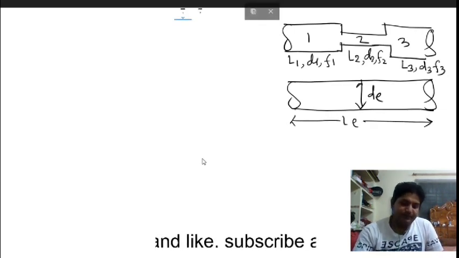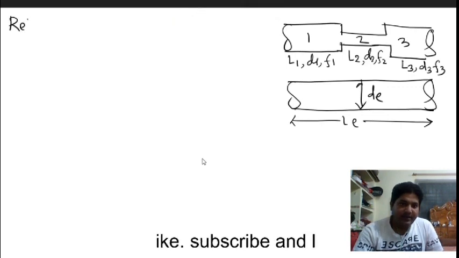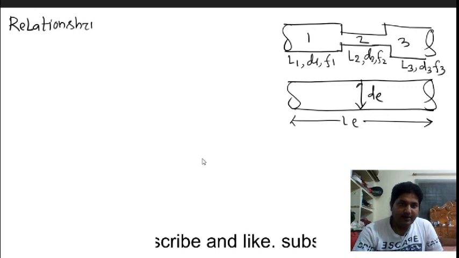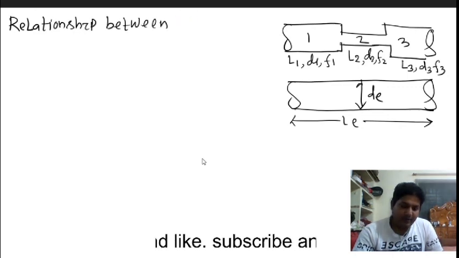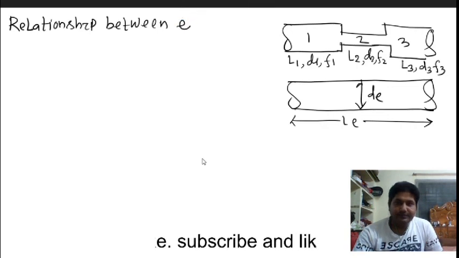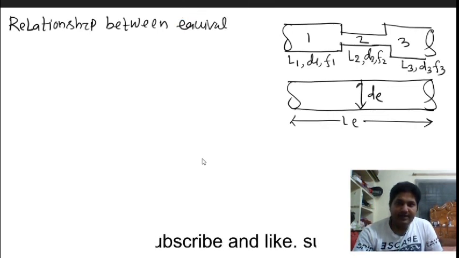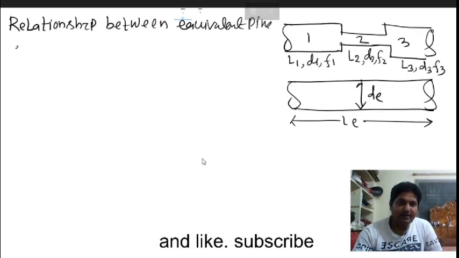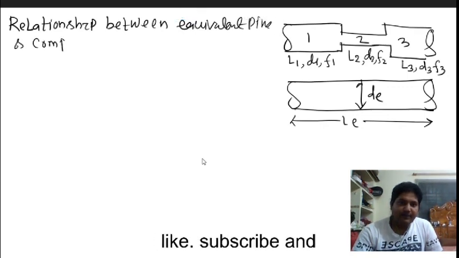Okay, so what we have to do? You have to derive the relationship between this equivalent pipe and this compound pipe. What is the relationship?